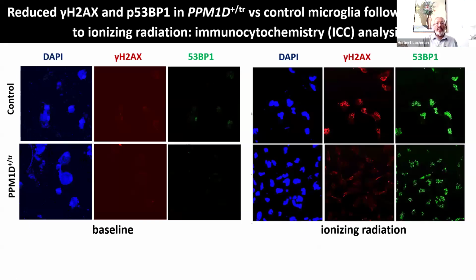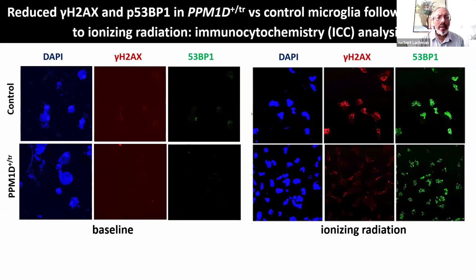visually striking example of this. These are microglia exposed to ionizing radiation, which induces DNA damage. The DAPI stain just stains nuclei, showing cells. And on the left, we have baseline activation of gamma H2AX and 53BP1, which you recall are proteins involved in the DNA repair response.